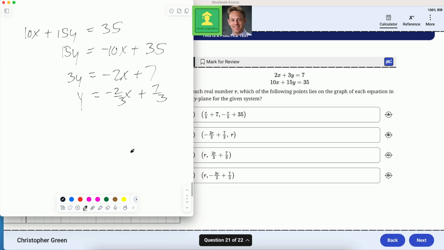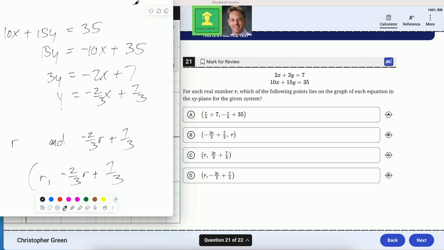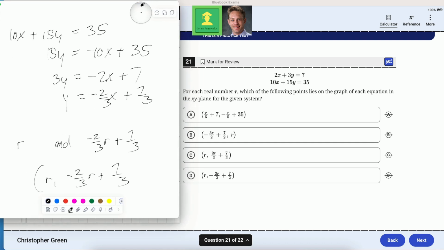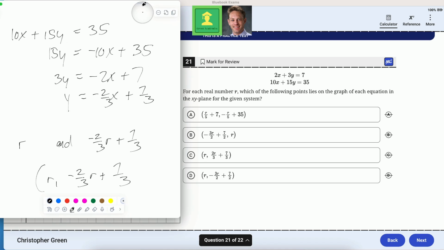So for any value r, if x was r, then y would be negative 2/3 r plus 7/3. So you're hoping there's an answer. I'm not sure if this is going to give you an answer. Is this an answer choice? Close, but no, right? It's not C as in cat, and it's not D as in dog.